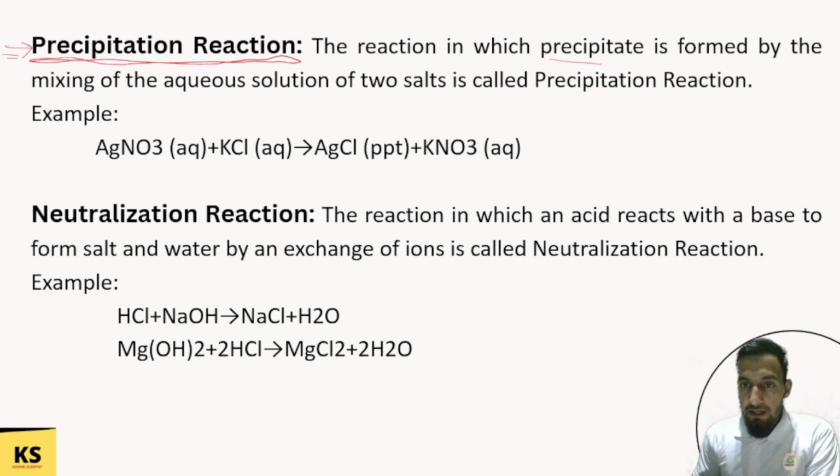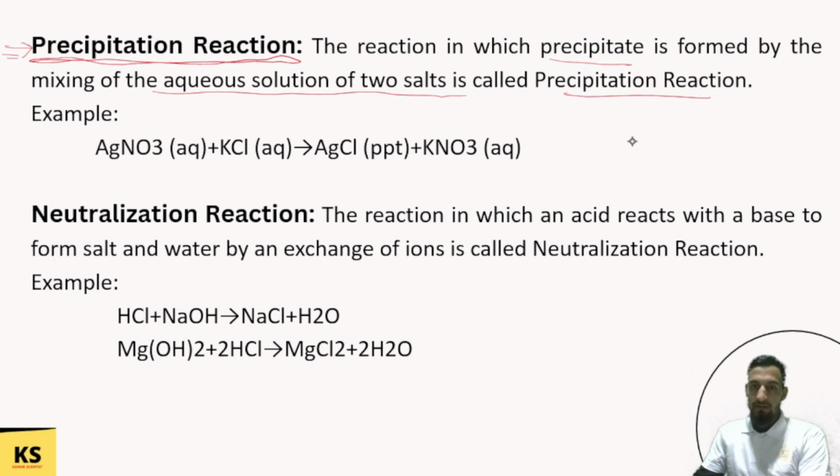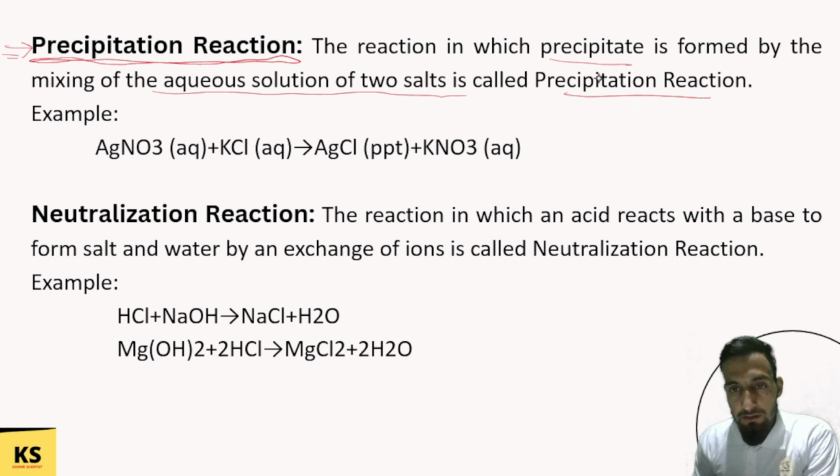When this precipitate is formed by the mixing of aqueous solutions of two salts, this type of reaction is called a precipitation reaction. When in a reaction there is formation of a precipitate, we say this type of reaction is called a precipitation reaction.